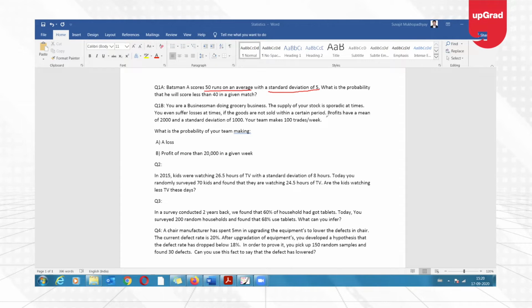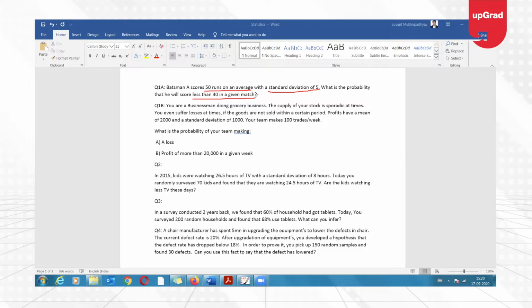So in this case, the scores of batsman A have been compiled, and it has been found that he scores 50 runs on an average and his standard deviation is 5. Now what we want to find out is what is the probability that he will score less than 40 in a given match. So he scores 50 runs on an average with a standard deviation of 5.